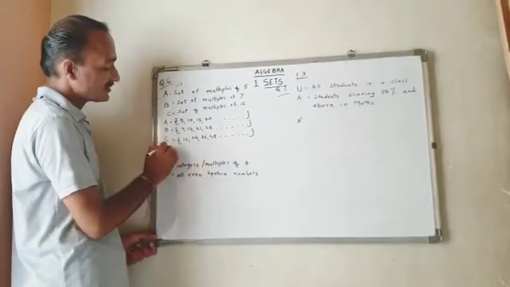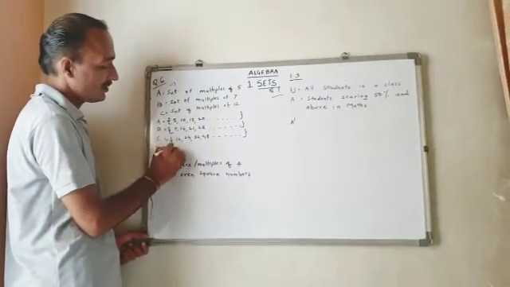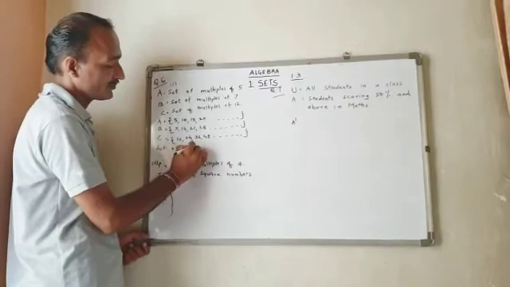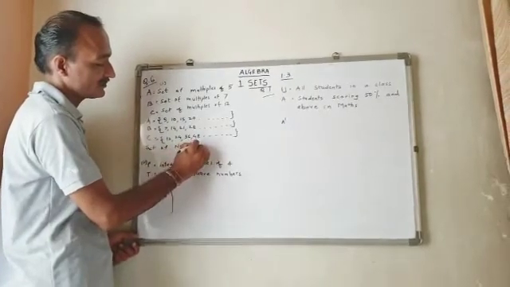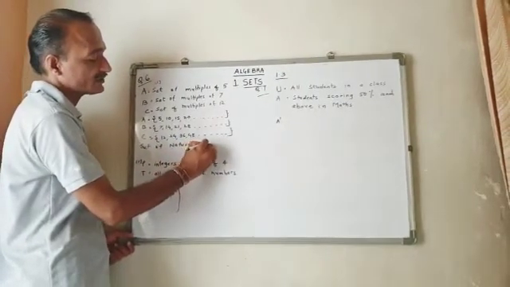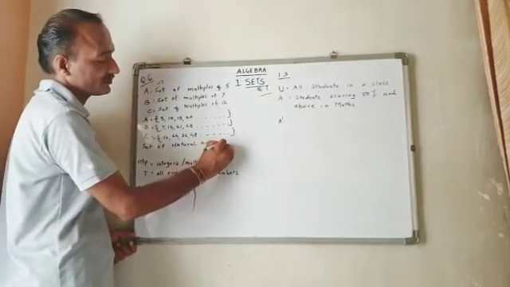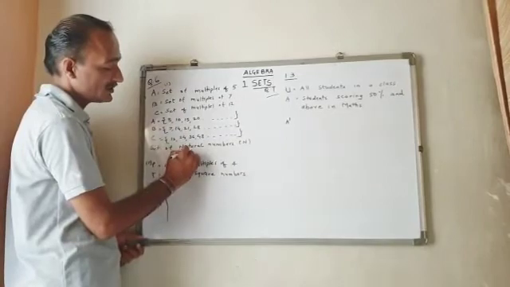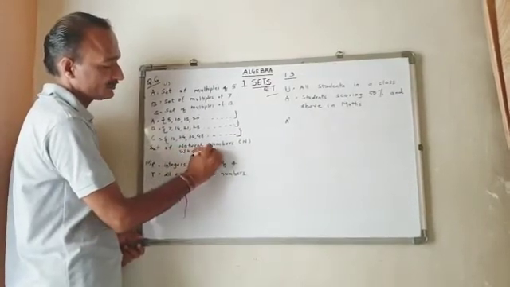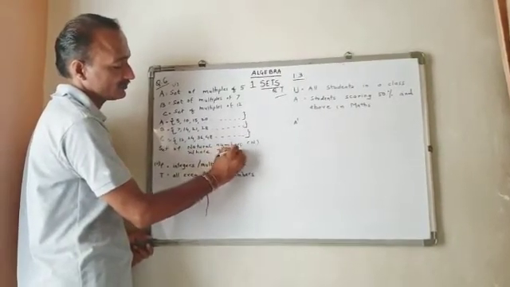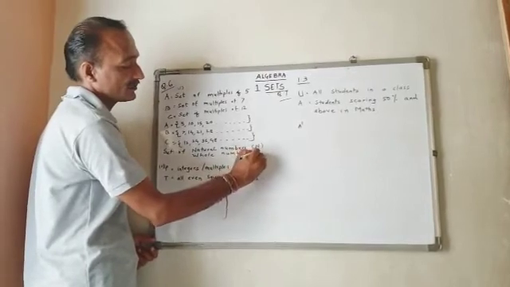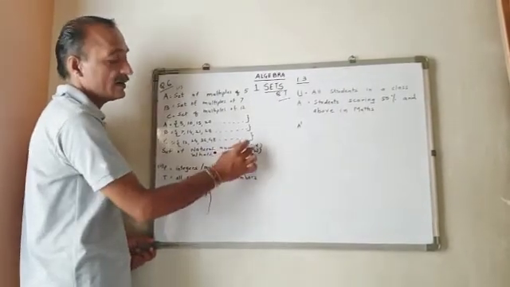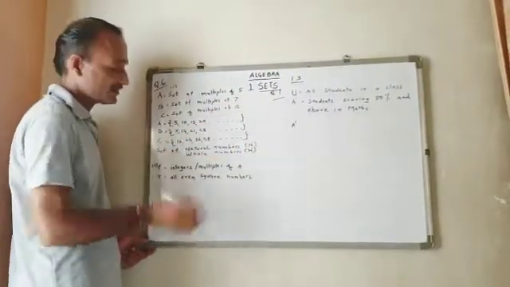or we can write the set of natural numbers, whole numbers. Natural numbers: 1, 2, 3, 4, 5, 6.